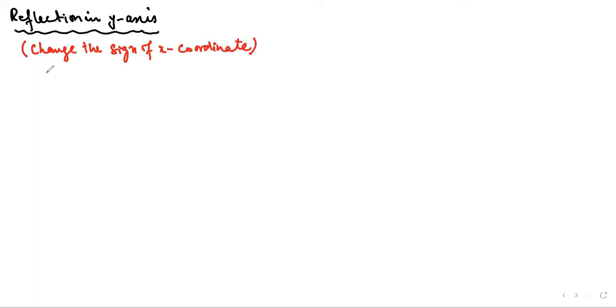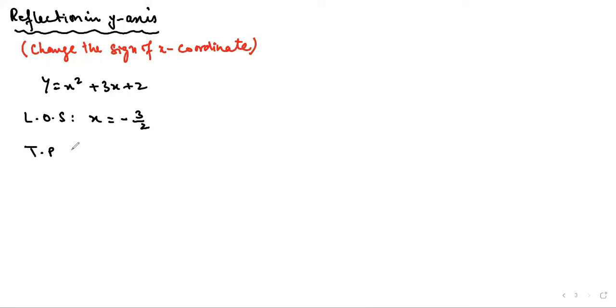The previous curve was y equal to x squared plus 3x plus 2, and the line of symmetry for this one is x equal to -3/2.